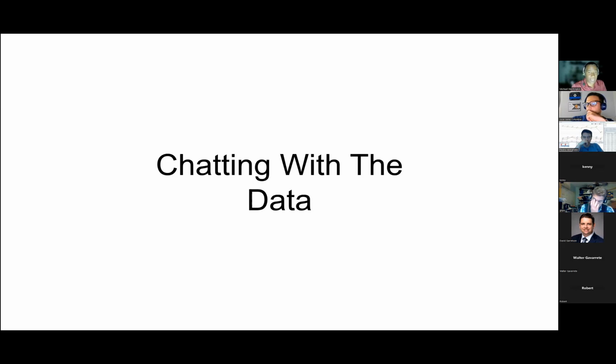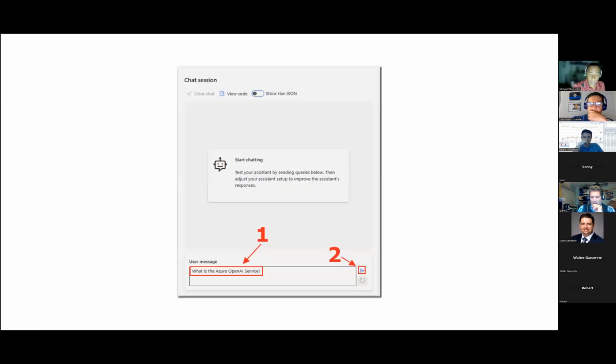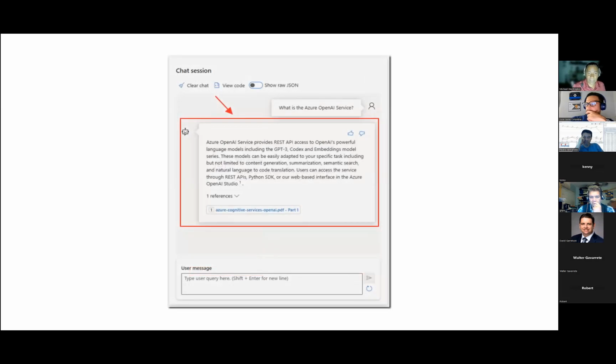So the nice thing is that, boom, your app is done, and it's totally usable at this point. Notice I didn't have to write any code. If I go in and I type in, what is Azure OpenAI Service? Now remember, it's inside that huge PDF document because I downloaded all the documentation from Microsoft on Azure OpenAI. When I click the button, this is the response I get.